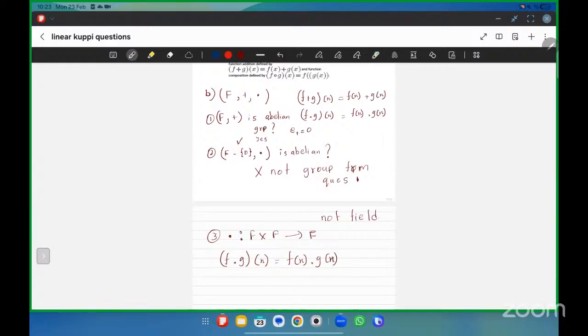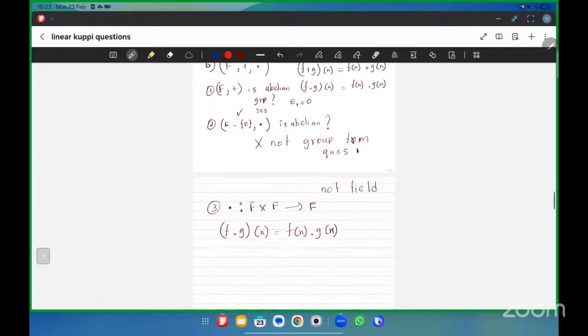So it is a real value, and it's also a real value. When we multiply two real values, we always get a real value, for all x. So the third condition is satisfied.